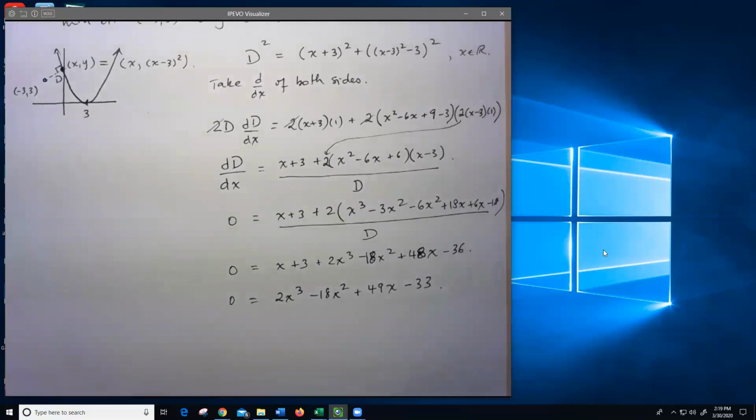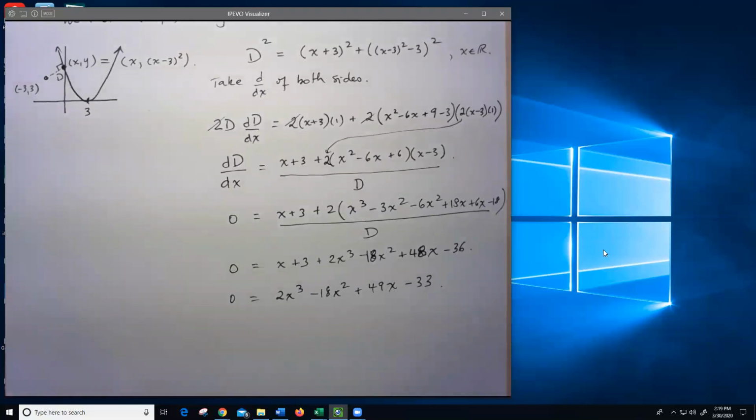All right, so I guess good news is we have an equation to solve. Bad news is it's a cubic, and so we're going to have to look for some zeros here. So what's the first thing I should be looking at, which I don't think is going to work?